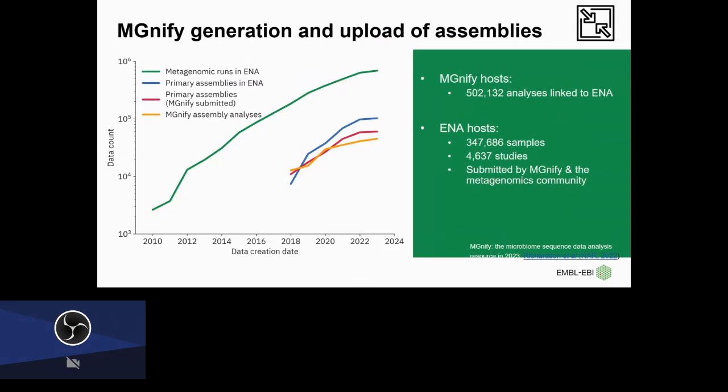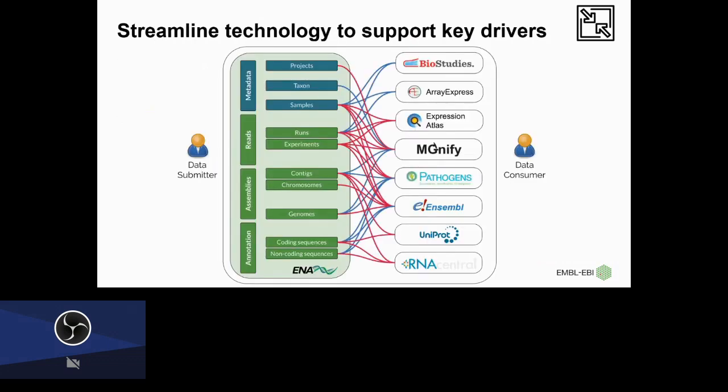This shows how the MGnify platform as well as the community is submitting their raw sequences as well as the analysis results to ENA. And we further expanded the analysis to see how ENA is connecting and interacting with the other data sources within EBI.